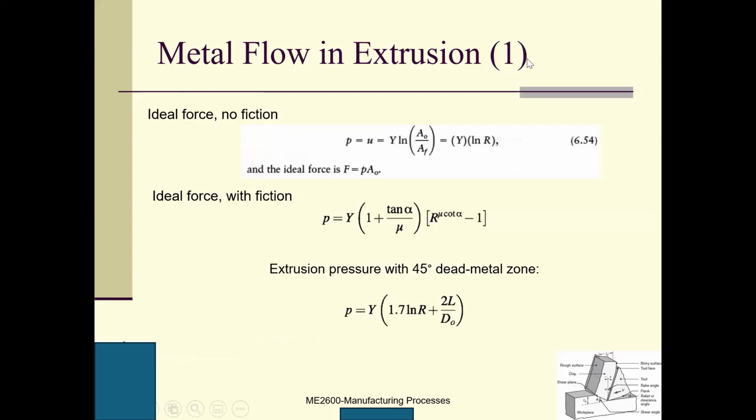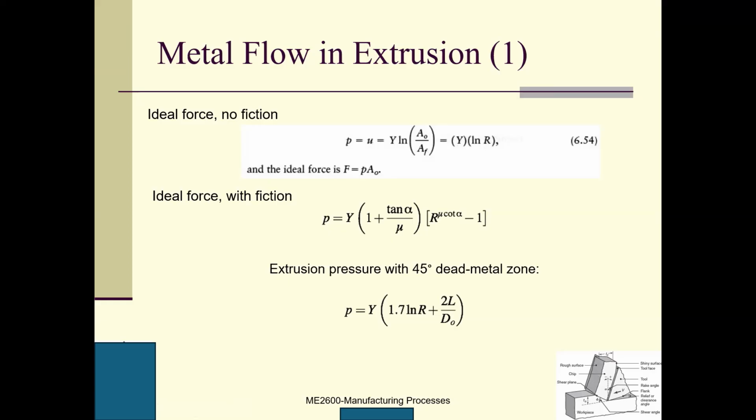And so here are some calculations about the metal flow. Ideally, if we do not have friction, the pressure that is needed can be calculated using this equation. Write this down if you have a tablet or other smart device, or maybe just write in your notebook.